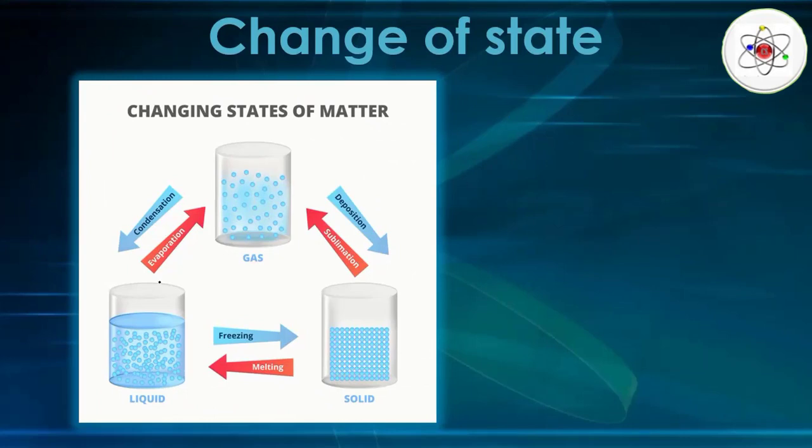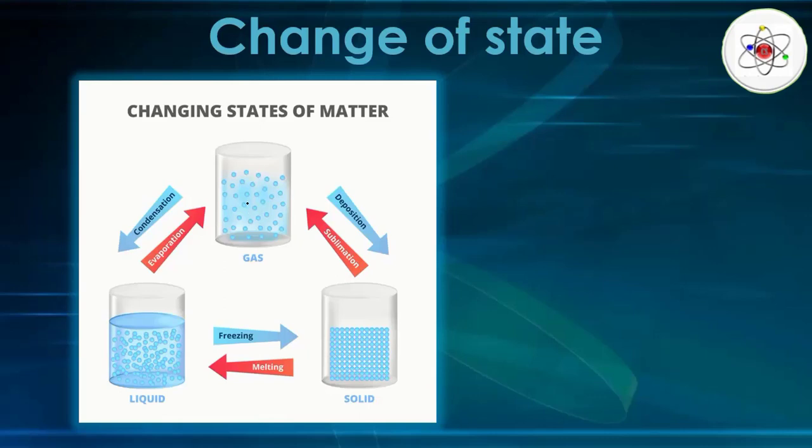So these are the names of change of states. Solid changes to liquid, the process is called melting, and liquid changes to gas, the process is boiling or evaporation. Sometimes solids directly change into gas without being changed into liquid first, so the process is said to be sublimation.